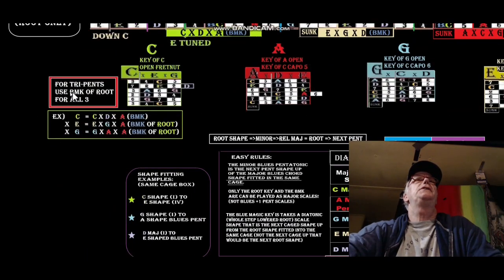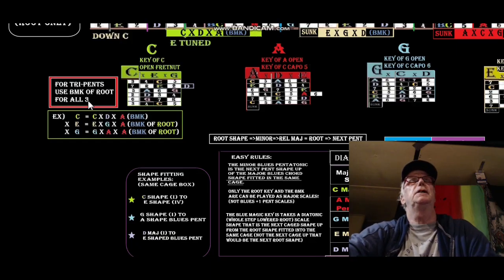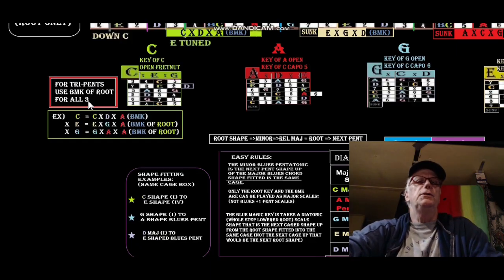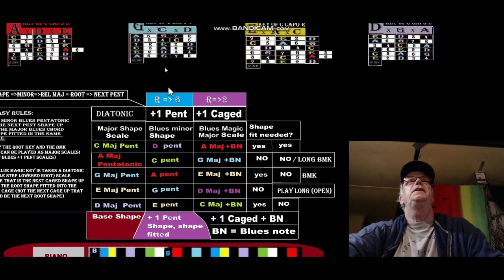For tripents, use the blues magic key of root for all 3. Yeah, we're not going to do tripent blues magic key. We're not going to do tripent on the blues magic key, but we're going to do tripent on the blues pent key, and on, of course, the diatonic, on the root key of the blues.